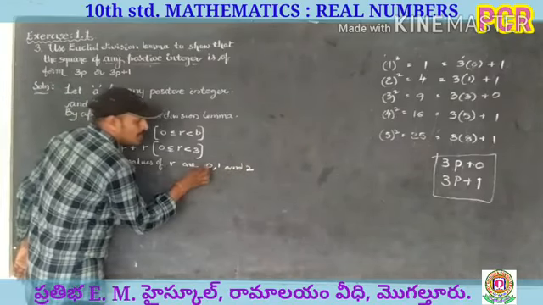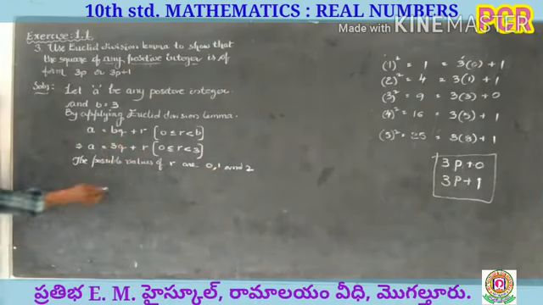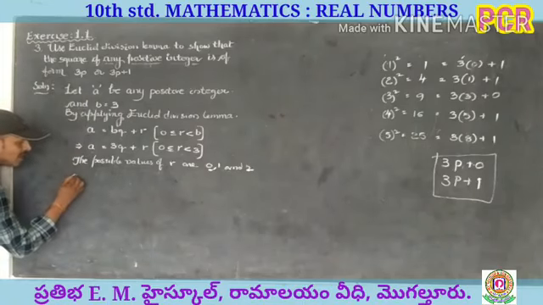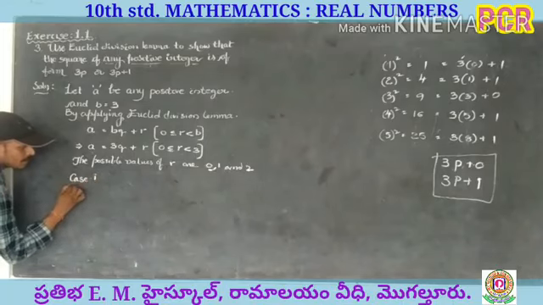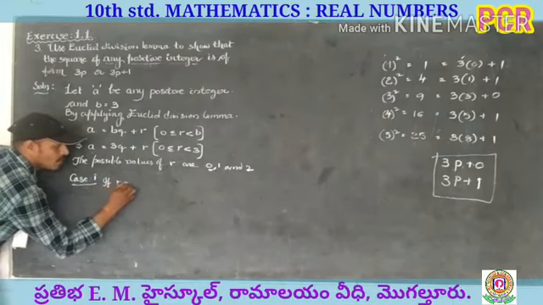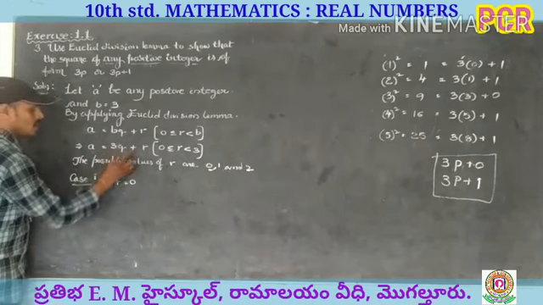Now we can substitute these 3 values in this form. In the first case, we take r is equal to 0. If r is equal to 0, then what happened?